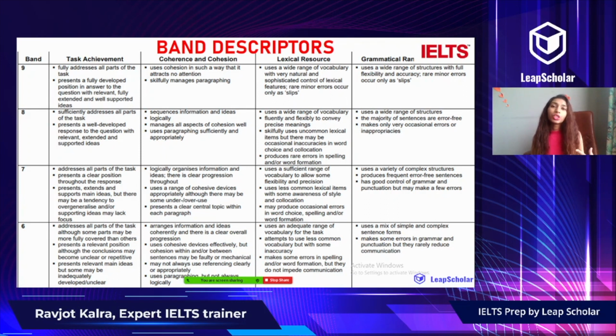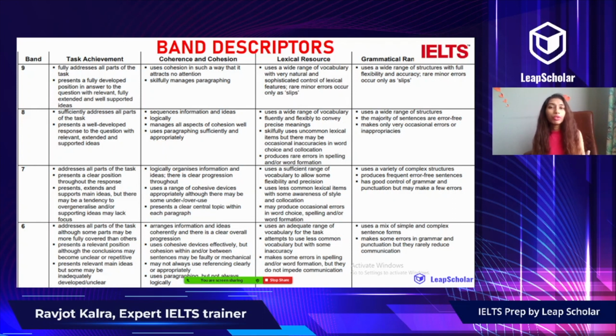As per the scores you're aiming for, please go through the parameters, and the writing is calculated out of 9 bands. If you're aiming for 7 and above, which is what most students are looking for, please go through the parameters marked here and what you need to do in your writing. In task achievement, what should be done to achieve band 7? How about coherence and cohesion? The third category is lexical resource, that is your vocabulary.